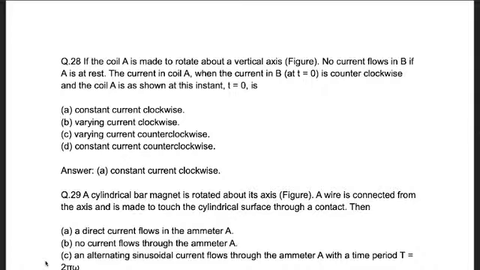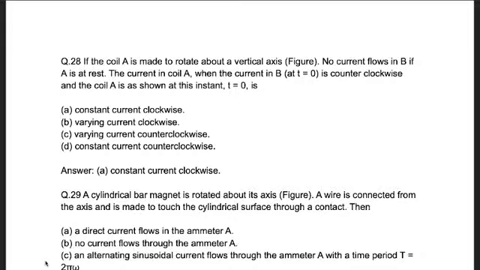Question number 29. A cylindrical bar magnet is rotated about its axis, as in the figure. A wire is connected from the axis and is made to touch the cylindrical surface through a contact. Then A. A direct current flows in the ammeter A. B. No current flows through the ammeter A. C. An alternating sinusoidal current flows through the ammeter A with the time period T equal to 2π/ω.